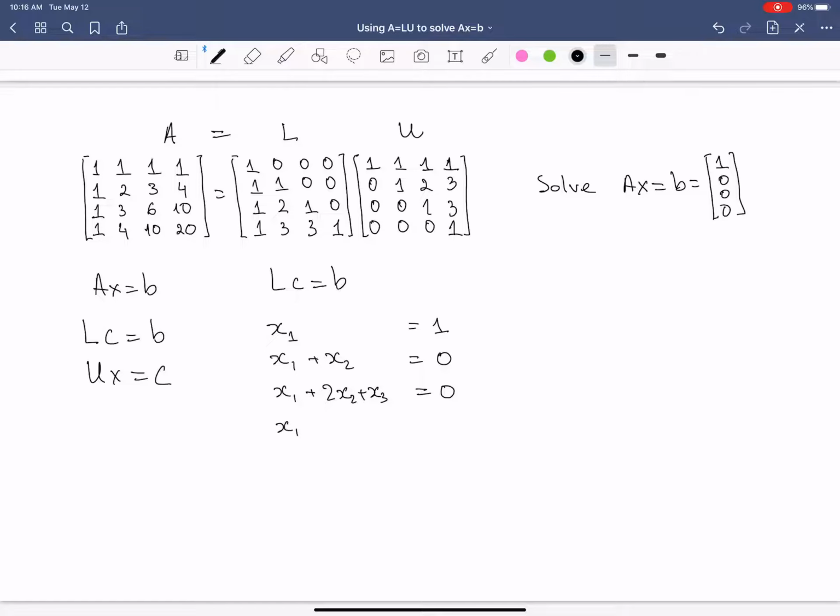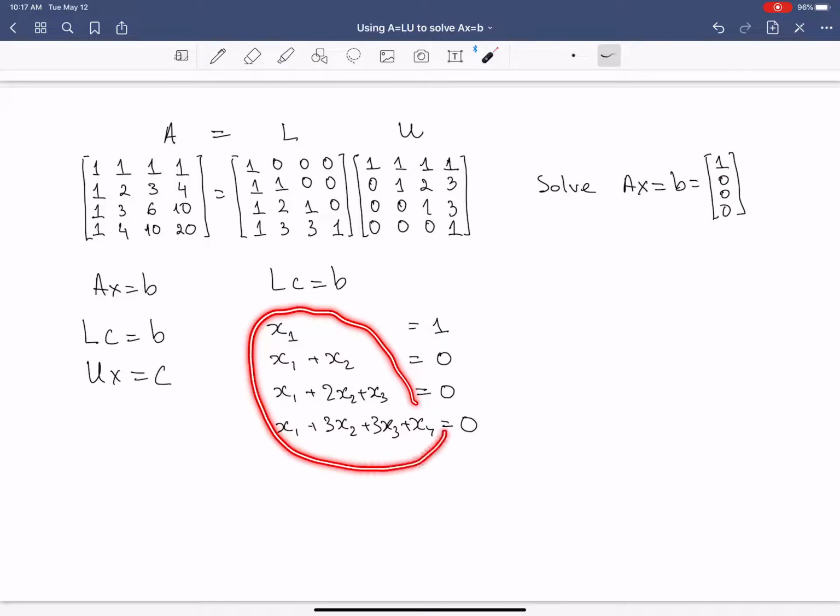And x1 plus 3x2 plus 3x3 plus x4 equals 0. This over here is the vector B, and the system that I'm writing comes from the matrix L. So because the system is triangular, we can immediately solve.